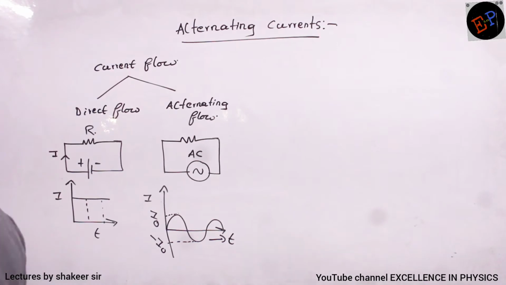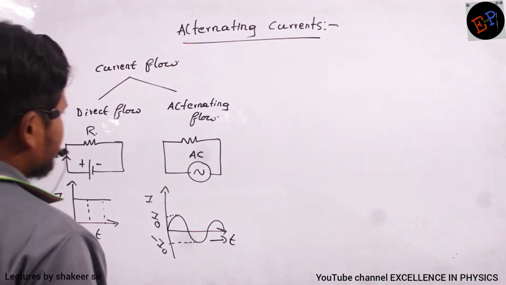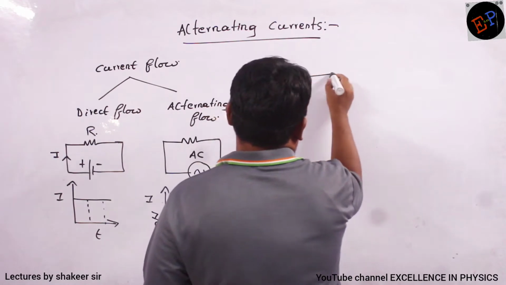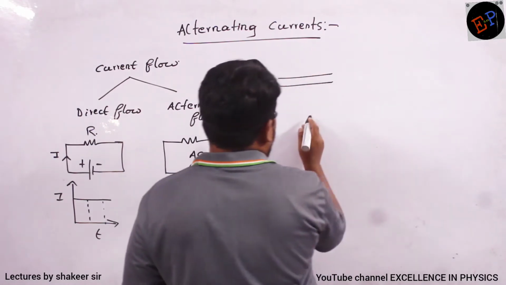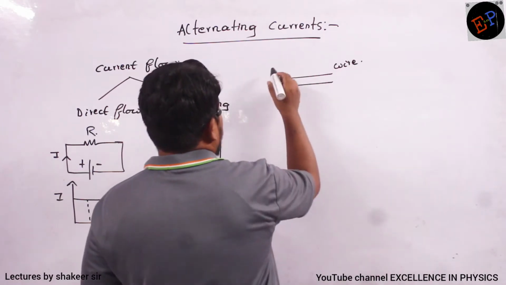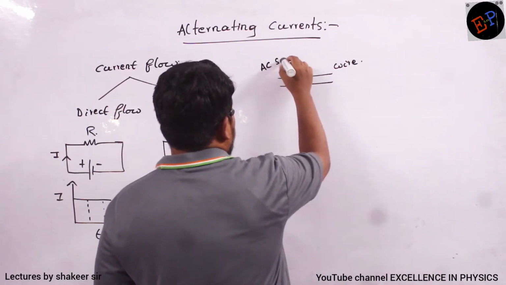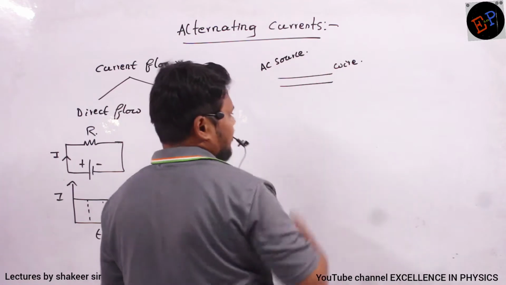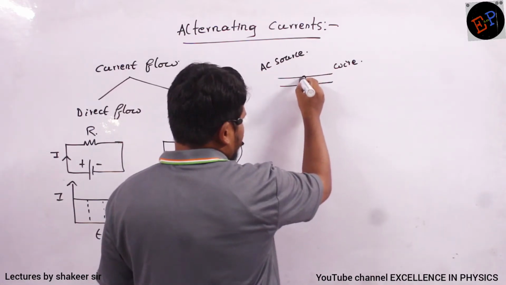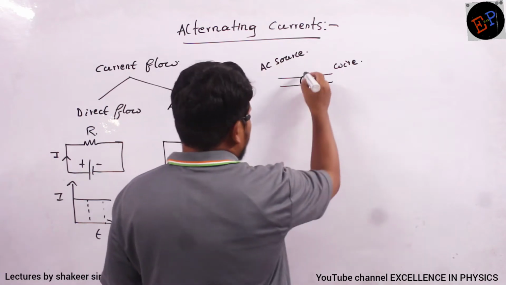Okay, see ma. In AC, let us see what is actually happening. Consider this is a wire in which current is flowing. Now we have given an AC source, a source of alternating current. I am taking a small cross section on this wire.